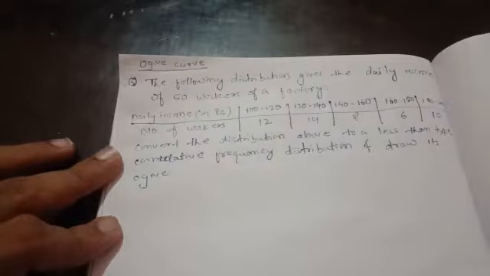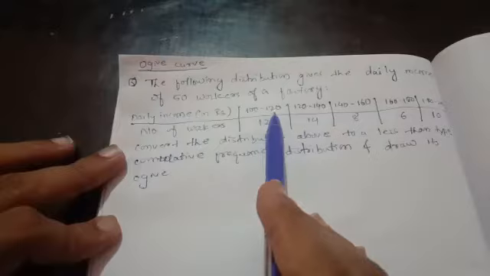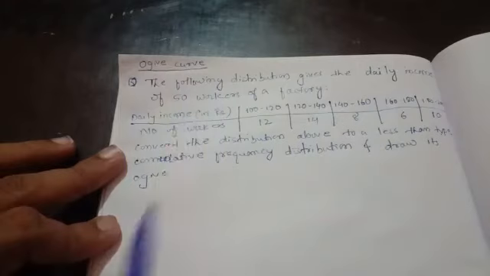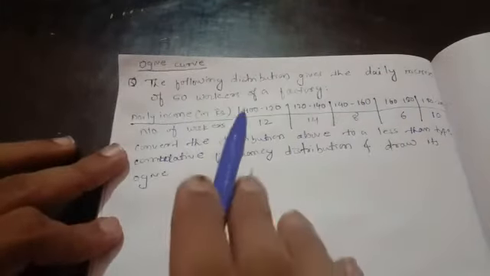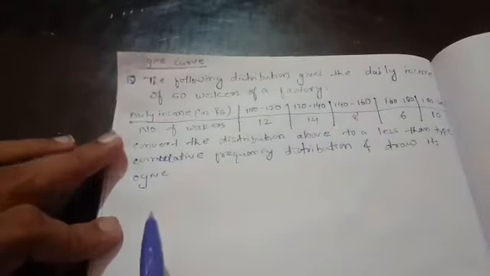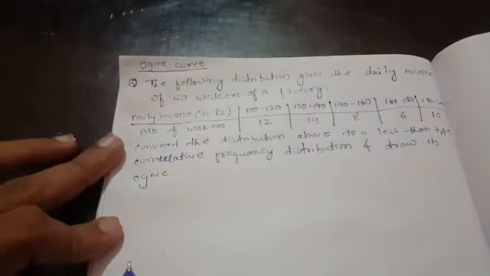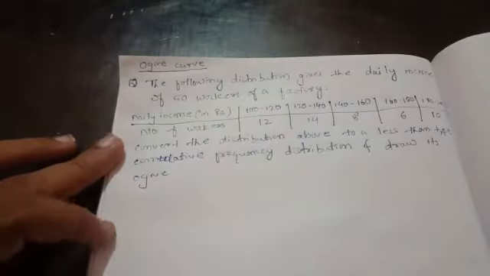It's very simple, and one thing to remember is that in the less than type of ogive curve we use upper limits, and in the more than type we use lower limits. Also, the less than type ogive is drawn between upper limits and cumulative frequency, and the more than type is drawn between lower limits and cumulative frequency.